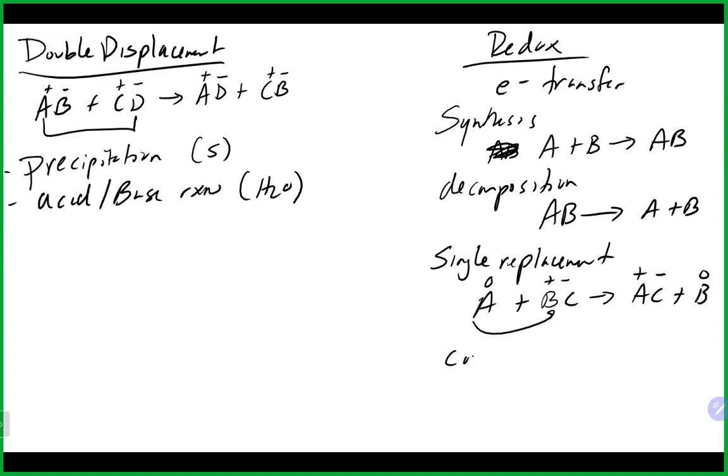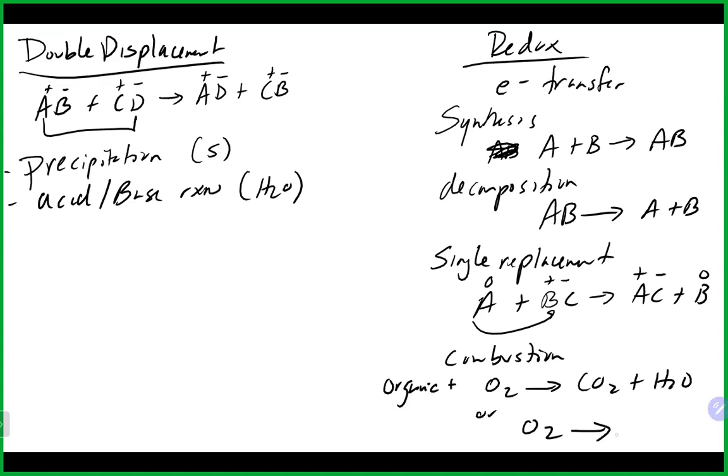And you have your combustion reaction, which again is typically your O2 to CO2 plus water, if you have an organic guy, or basically just O2. So these are all about electrons being transferred.